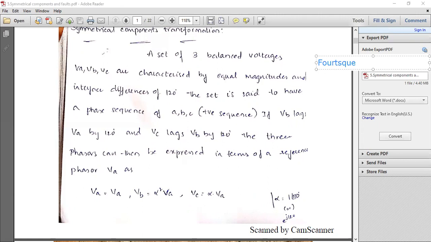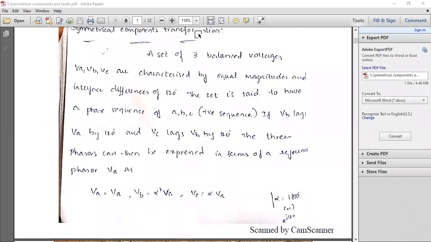So Fortescue method. Obviously the symmetrical components topic has been named Fortescue's method.